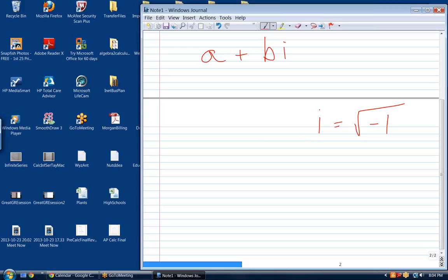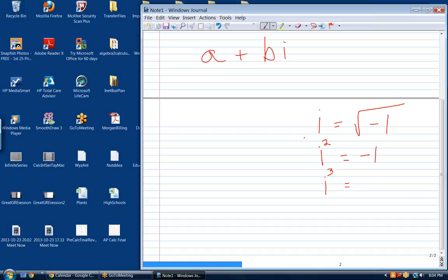Now, let's go through the first 4 powers of i. If i is the square root of -1, what is i squared? -1. What is i cubed? Wouldn't it still be -1?